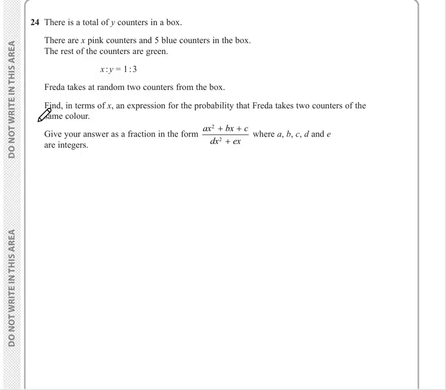Question 24. There is a total of y counters in a box. There are x pink counters, 5 blue counters, and some green counters. The ratio of x to y is 1:3, so that tells us that y is going to be equal to 3x.